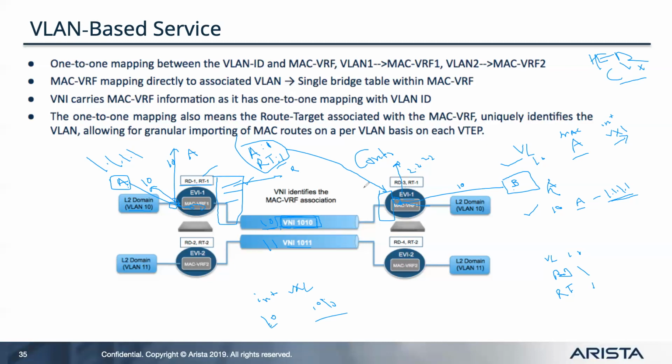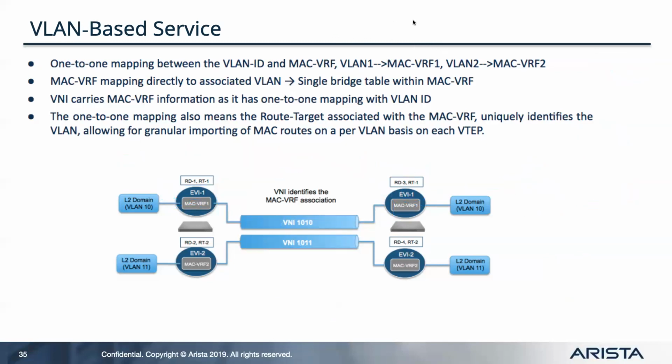When data comes in the data plane, you don't add RD, RT or any sort of stuff. You add the VNI, and based on the VNI, you understand which VLAN this packet belongs to, and you forward that packet. So per VLAN, we have separate RD/RT, MAC VRF, and also separate VLAN to VNI information. Any question?